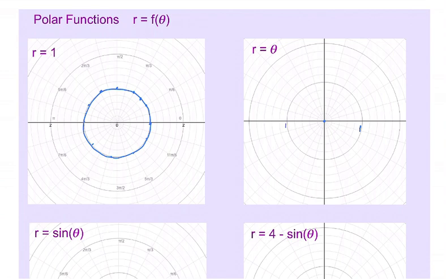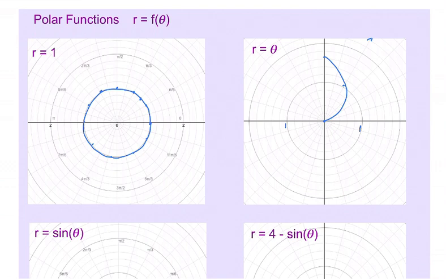So by the time theta is pi over 3, which is out here in this direction, the radius is 3.14 divided by 3, which is just a tiny bit more than 1. So the radius has grown. By the time it gets to pi over 2, which is about 1.7, we're up here.